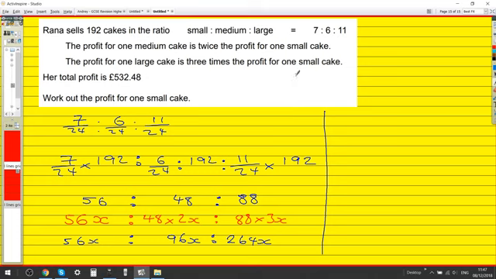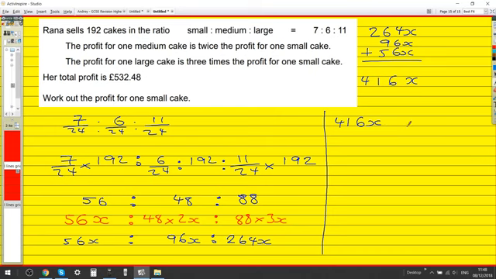Would you add all the prices together? So 56, 96, and 264. And that gives you 416X. What do we do now?